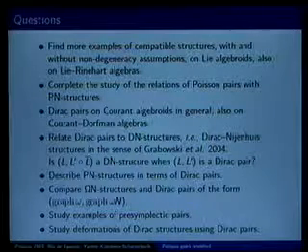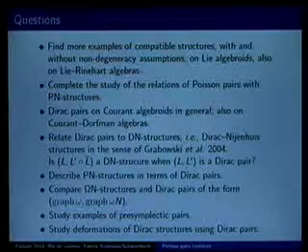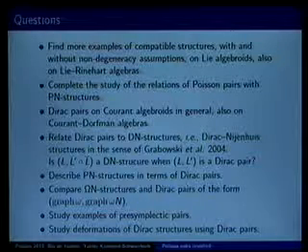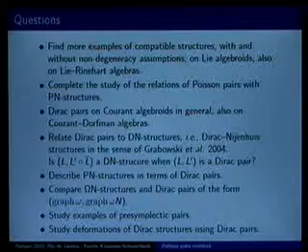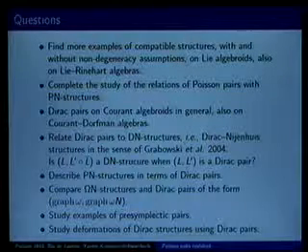And also, what I think is a worthwhile question is to relate Dirac pairs to the Dirac-Nijenhuis structures that Kosmann-Schwarzbach, Grabowski, and Marmo introduced back in 2004. I would like to call them DN structures, so we have one more in the zoo.